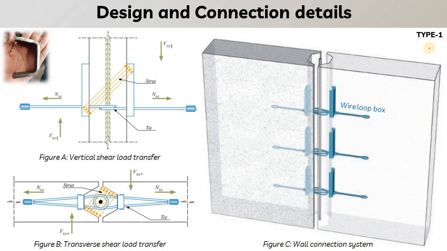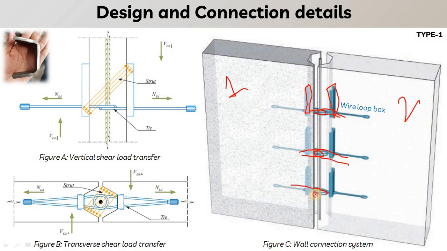Here you will get the clear picture. Let us assume this is my panel 1 and this is my panel 2, and we have already prefixed this kind of loop box inside my panel. At the time of erection this wire will be there, so on both sides there will be a wire like this.